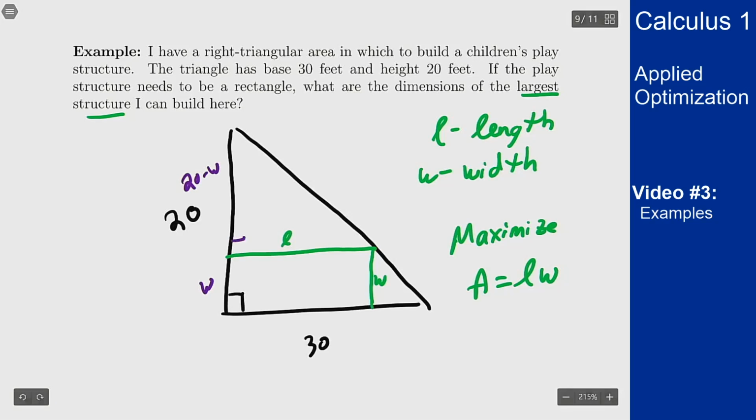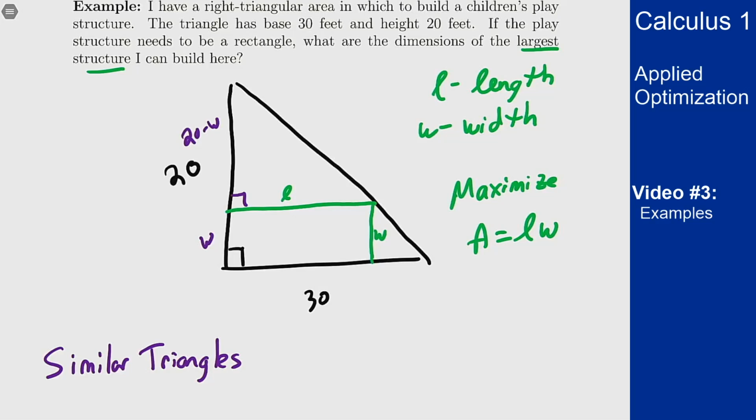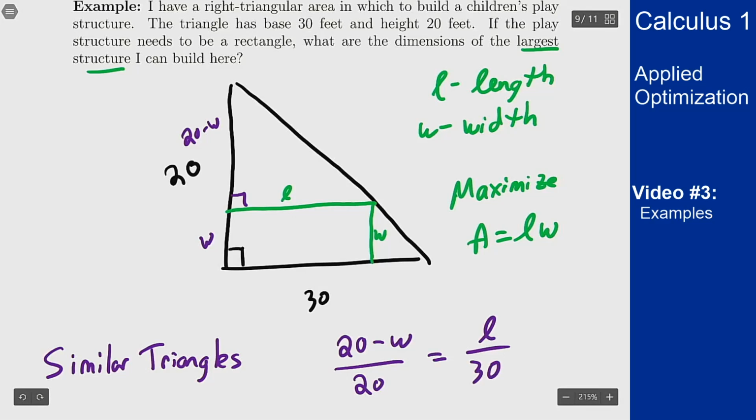And since this is a right angle here, I know I have similar triangles. That relation tells me that 20 minus W over 20, part to full, equals L over 30, part to full.